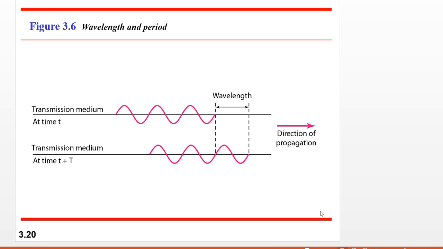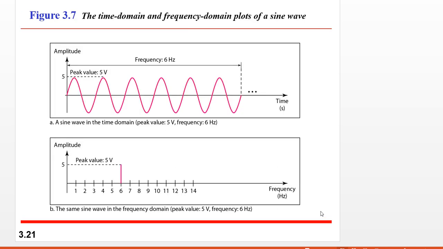Now it's time to discuss the time domain and the frequency domain. A simple sine wave or periodic analog signal can be drawn in one of two ways, that is, the time domain and the frequency domain. What is the time domain?